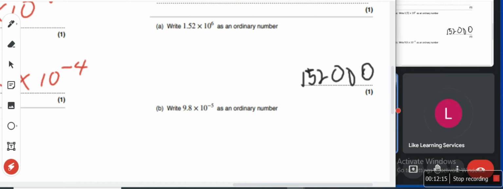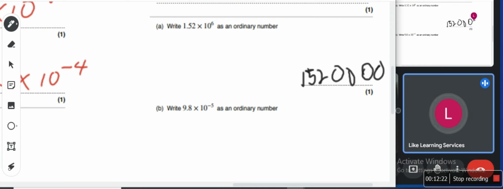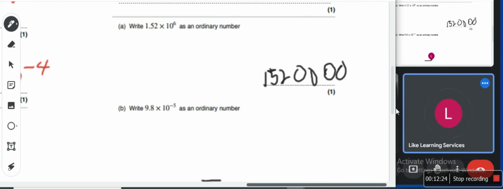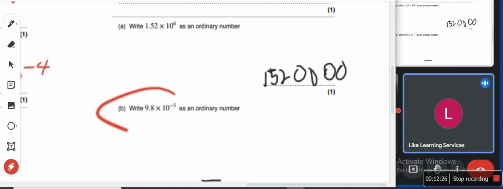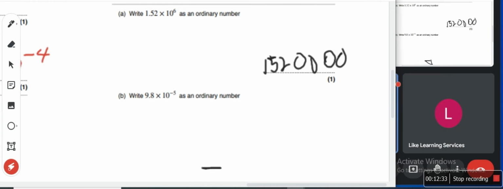Okay. Let's go so that we conclude with this. Have you added the 0? Yeah. I didn't see when you added it, but you were trying to do it. Then you gave up. So write this as an ordinary number. What should it be? 0.00098.